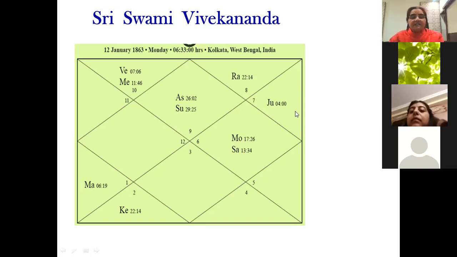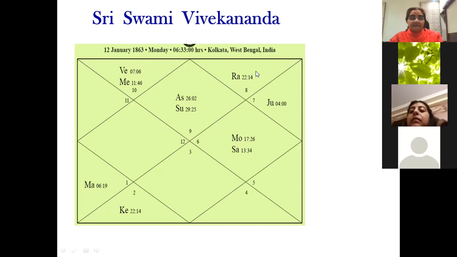Now, important here is the ascendant is 26 degree. This is very important. And Sun is 29 degree 25 minutes. It is almost in the next sign. So that's why he has taken it to the next sign, and that's okay.